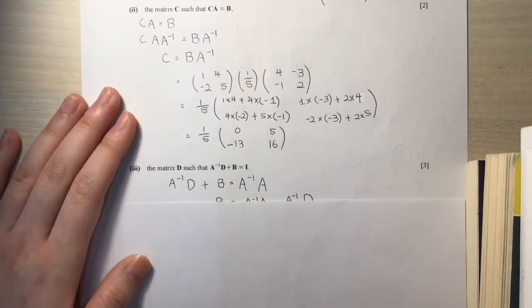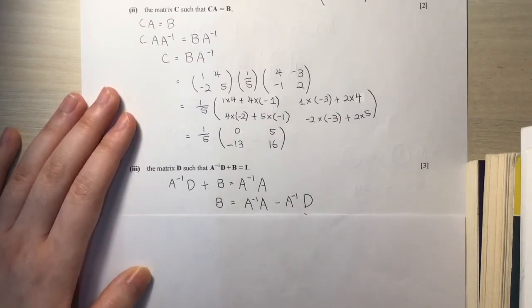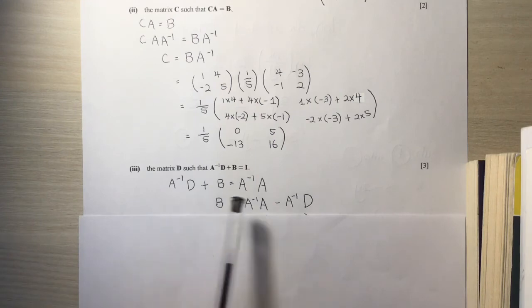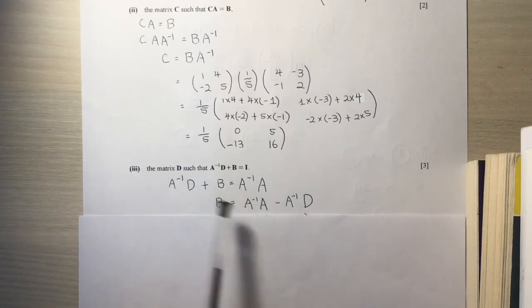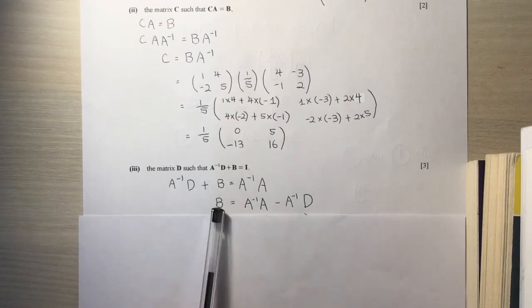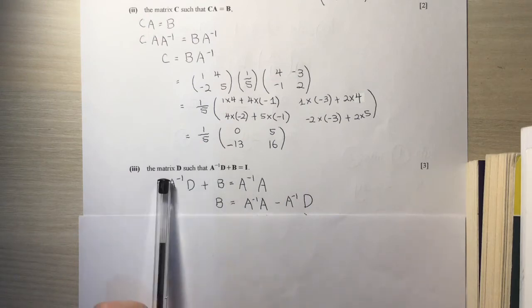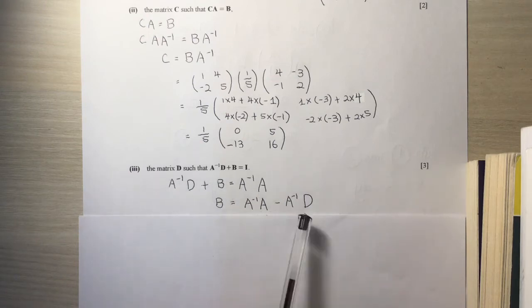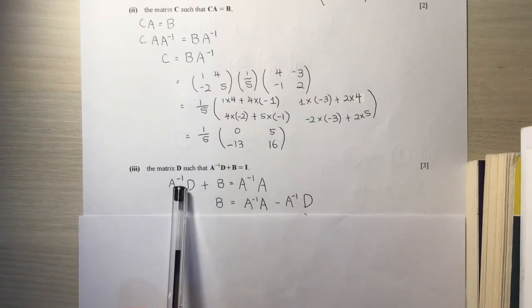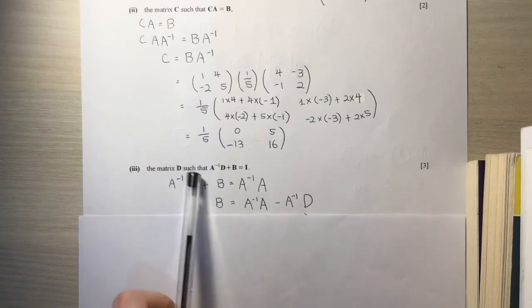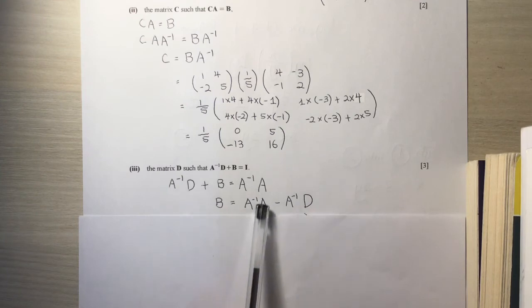So we carry on. We can move the parts where they have common factor into one side and leave the B on the other side. So because they have the common factors, the inverse A over here, so we move the inverse A multiplied by D to the right hand side.